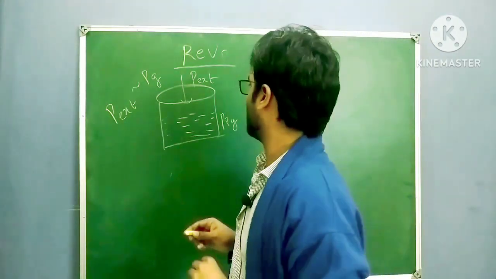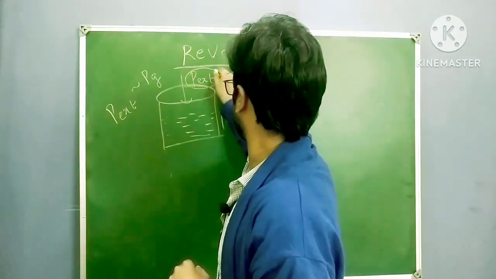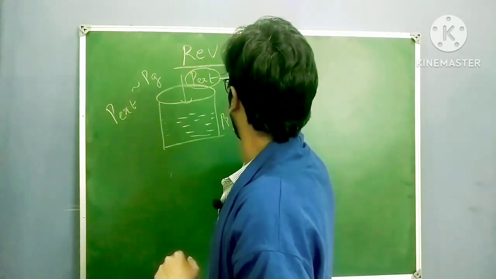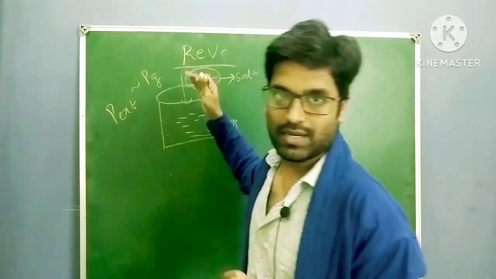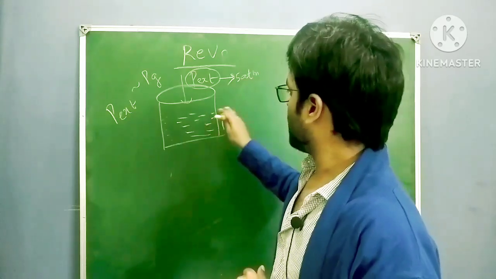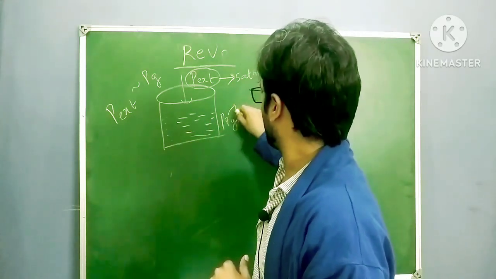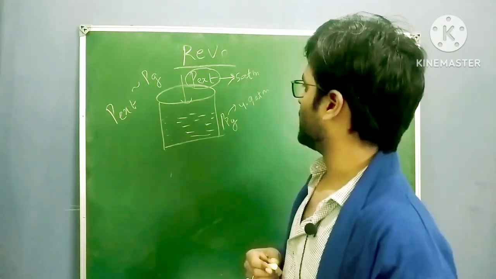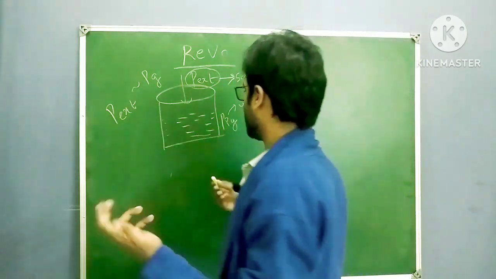I will explain clearly. Here the external pressure, suppose 5 atmospheric pressure, from the surroundings we are applying 5 atmospheric pressure. Now my internal pressure is 4.9 atmospheric pressure. That means delta P is negligible.